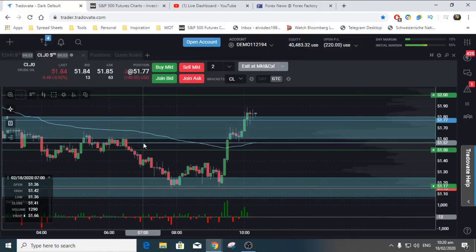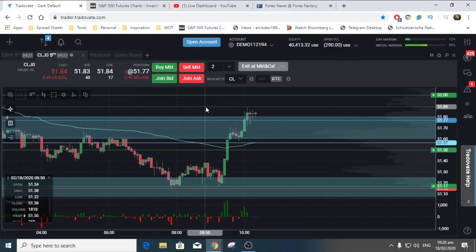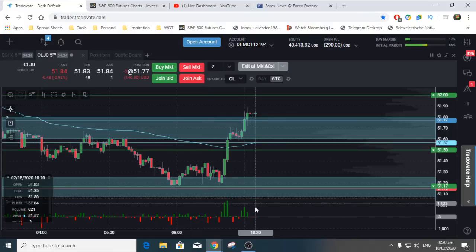The oil popping up, still within range. Seeing collisions, balanced collision though. There's a fight on.